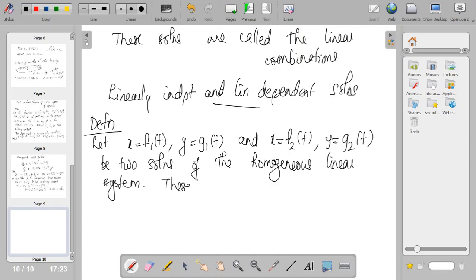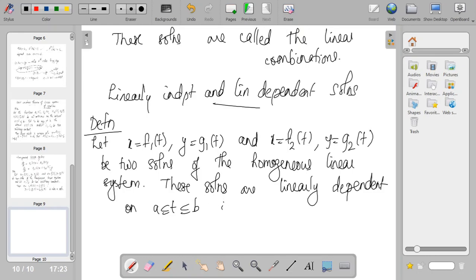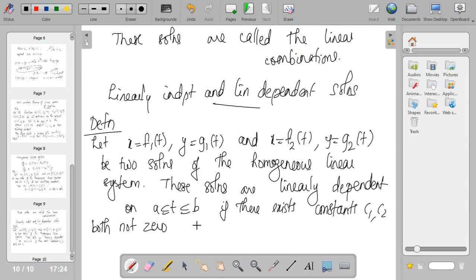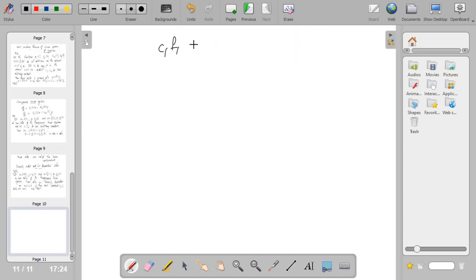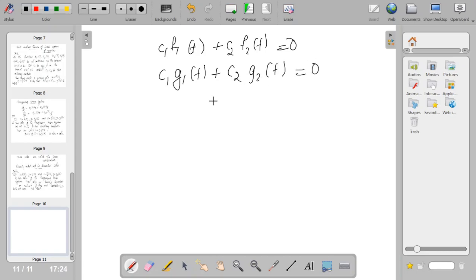And now these solutions are said to be linearly dependent on some interval a less than or equal to t less than or equal to b if there exist constants c1 c2, both not 0, such that the condition is c1 f1 of t plus c2 f2 of t equal to 0 and c1 g1 of t plus c2 g2 of t equal to 0 for all t belonging to the closed interval a b.